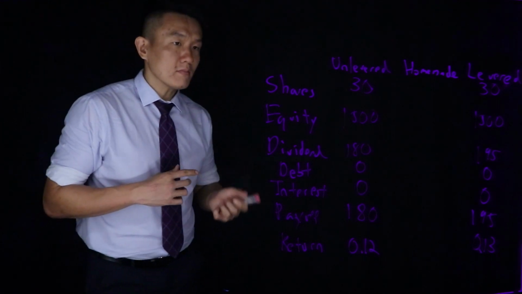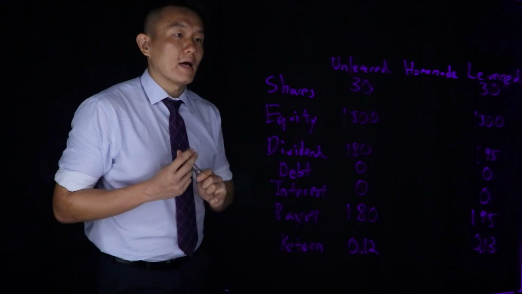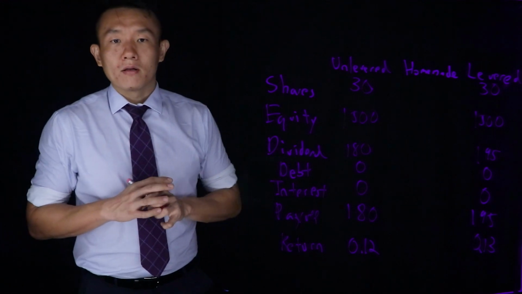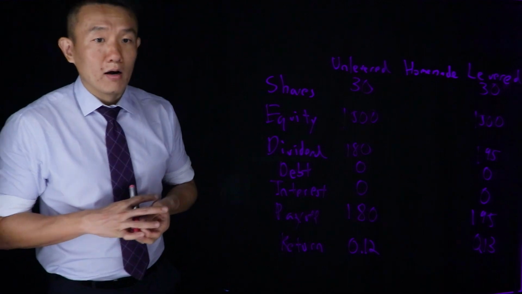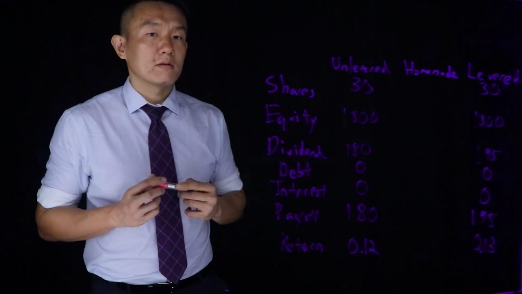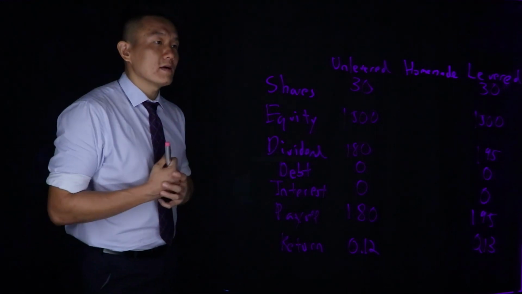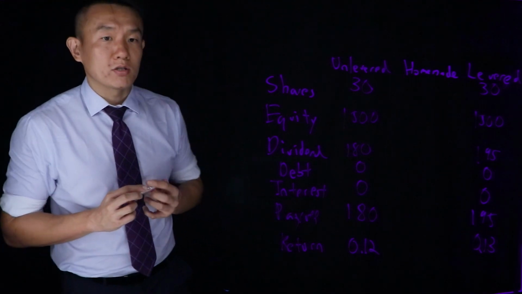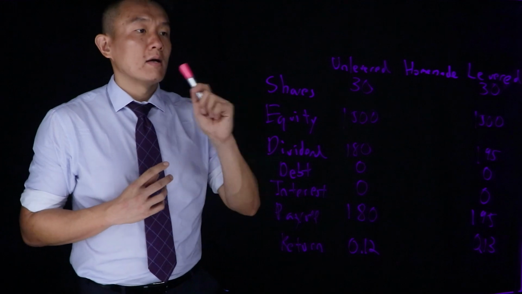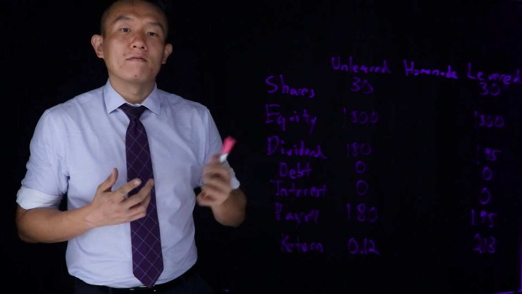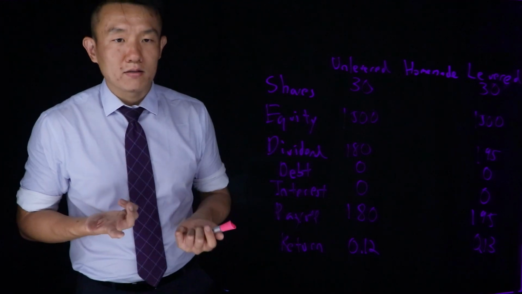Well, if you recall, the unlevered firm had a debt-to-equity ratio of 0, and the levered firm had a debt-to-equity ratio of 0.5. So let's imagine the investor doing the same thing as the firm.